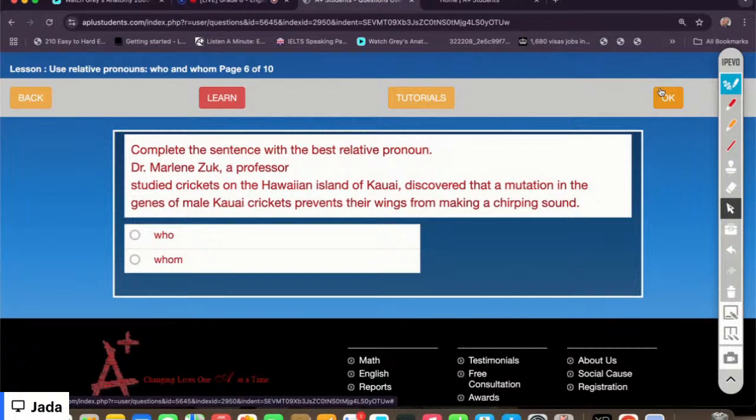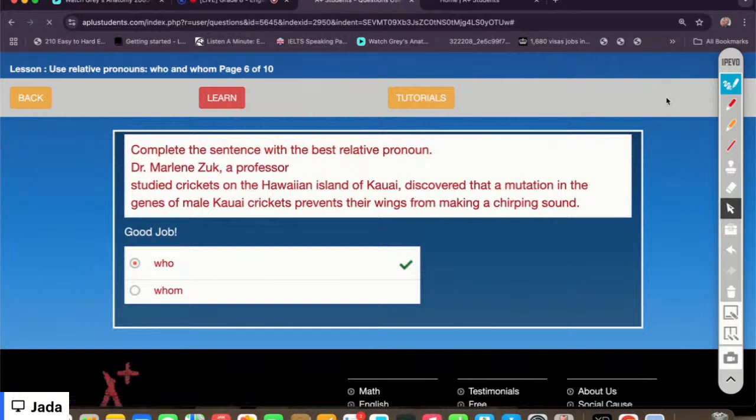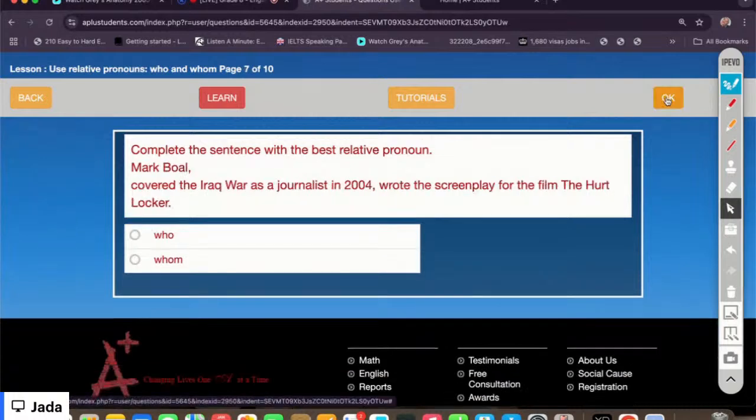What do you think? So, we have who studied crickets. So, who? Okay. So, we have who.